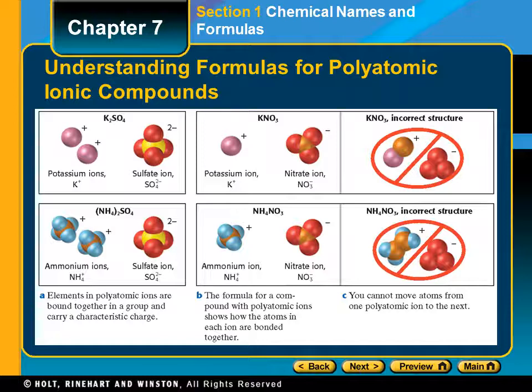Notice it's not a potassium and a nitrogen bonded together and then 3 oxygens bonded to that. So the idea here is that you can't move atoms from one polyatomic ion to the next. Elements of polyatomic ions are bound together in a group and carry the charge. So it's these polyatomic ions that are a group of things bonded together. They always have to stay together.